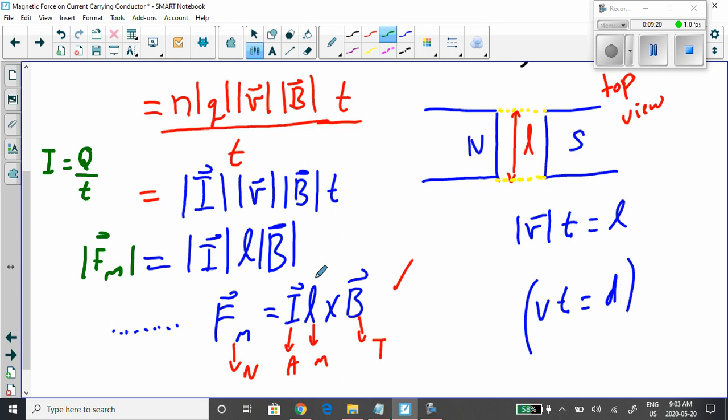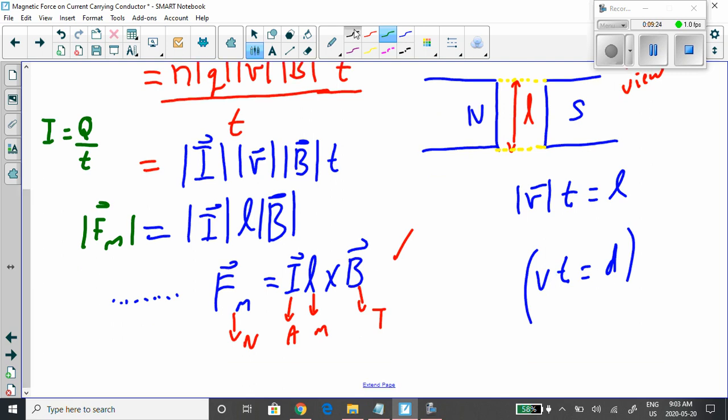So this is the current in a wire version of this, which is the magnetic force on an individual charged particle. We use this one when it's particles moving in a wire.